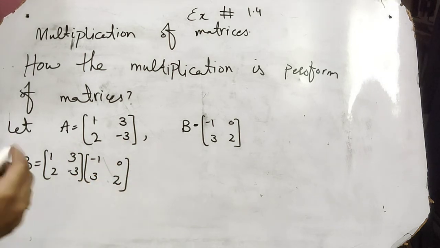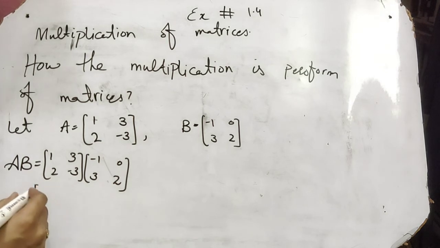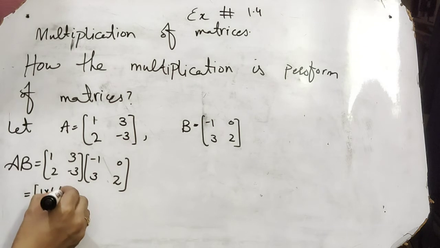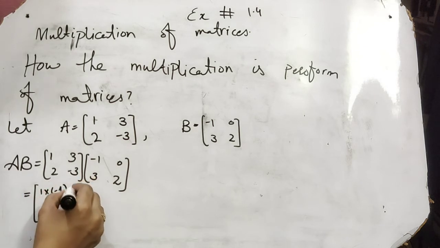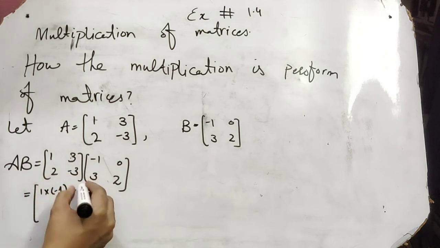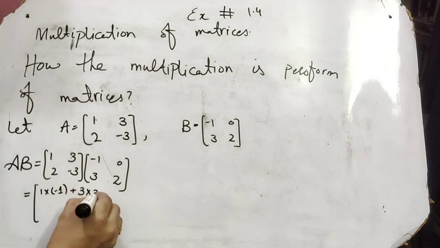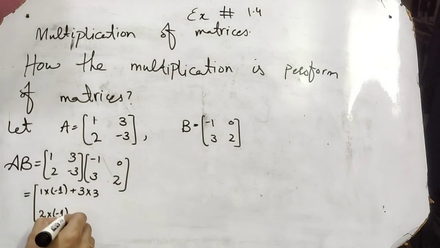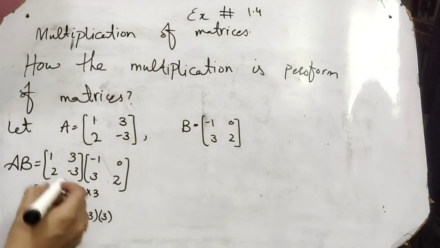So it would be 1 multiplied by minus 1 plus 3 multiplied by 3, 2 multiplied by minus 1 plus minus 3 multiplied by 3.